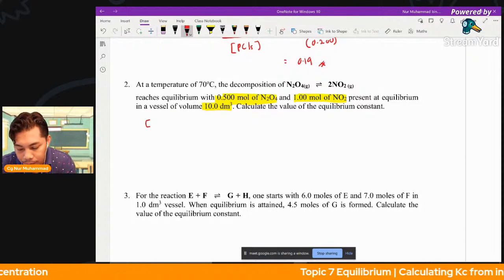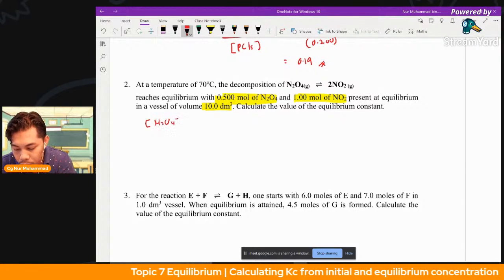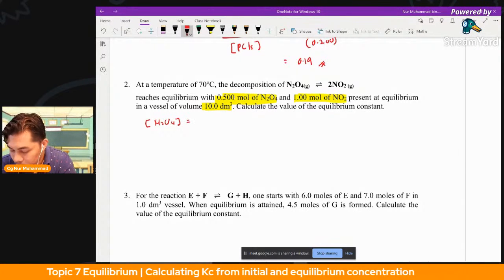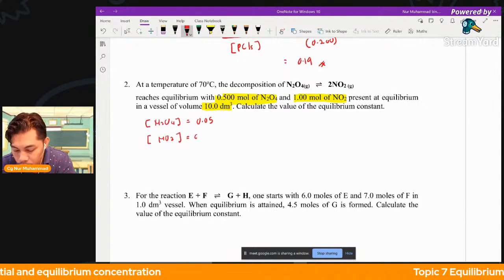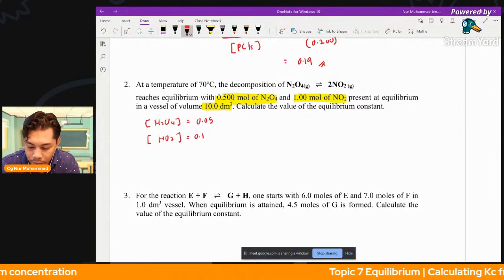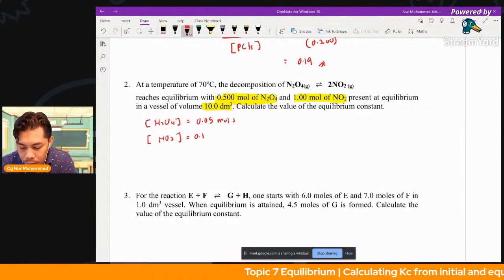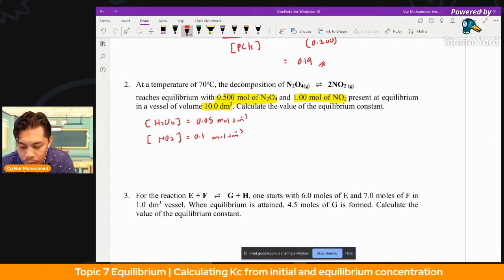Okay, so the concentration of N2O4 is equal to 0.05, and the concentration of NO2 is equal to 0.1, in mole per dm cube.